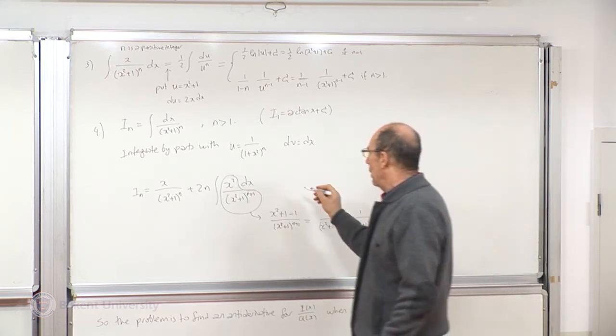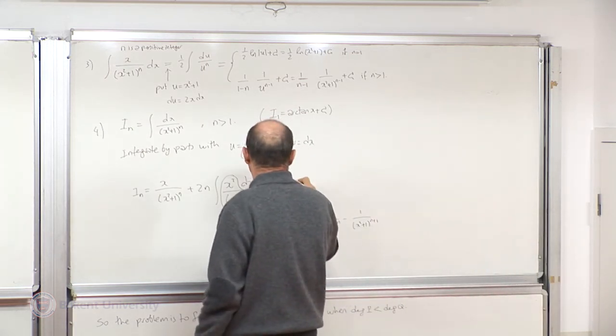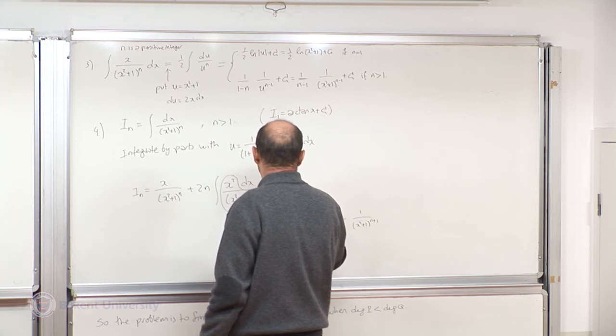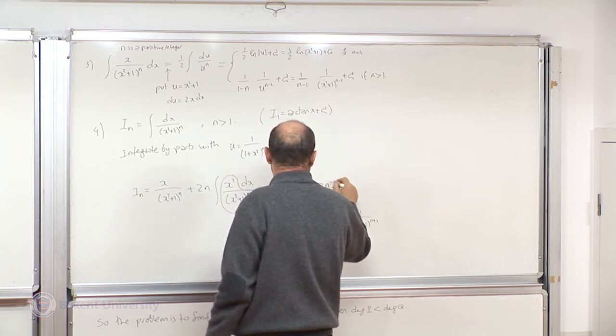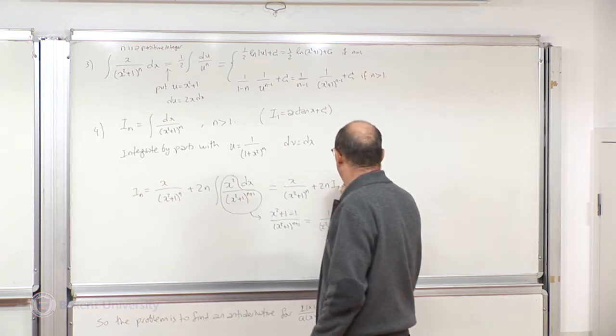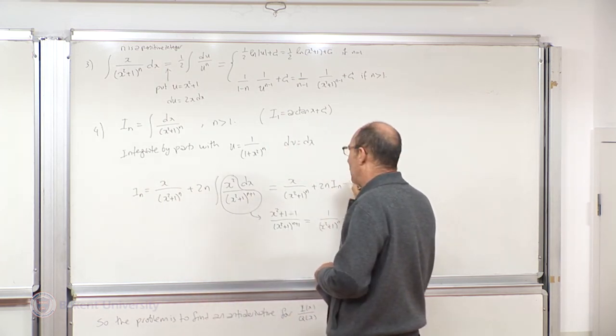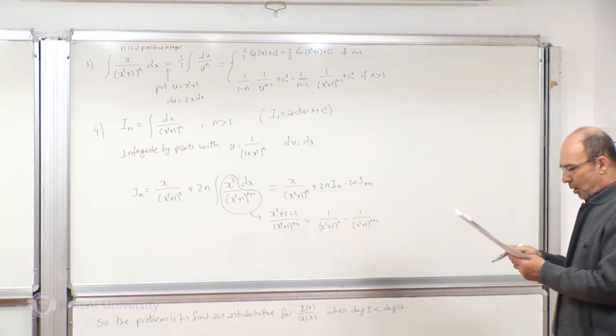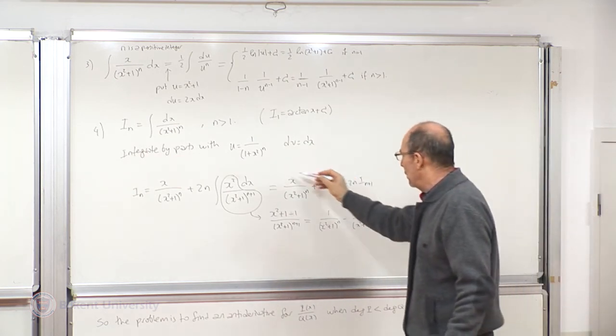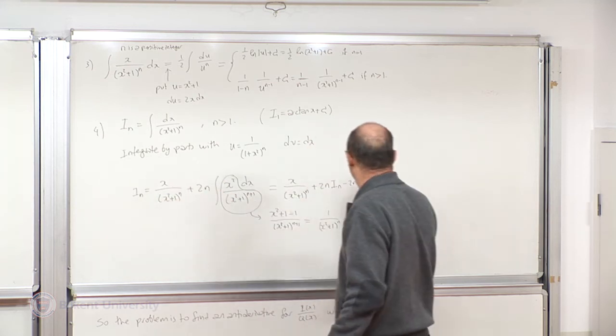Okay, so now this becomes x over (x squared plus 1)^n plus 2n I_n minus 2n I_(n+1). So this thing is equal to I_n.